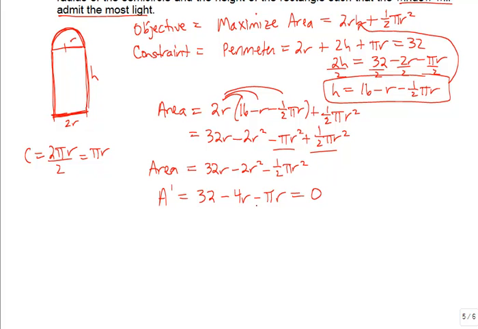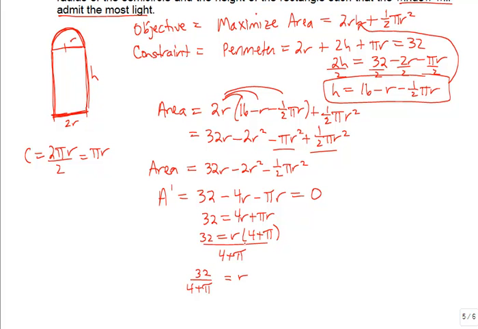Now I have two r terms, so let's get those together on the right side of the equation by adding them both to the right side. And since they're both to the first power, I can just factor out that r, and that'll leave me with 4 plus pi, and then it becomes just a matter of dividing to solve for r. So r will be 32 divided by 4 plus pi.